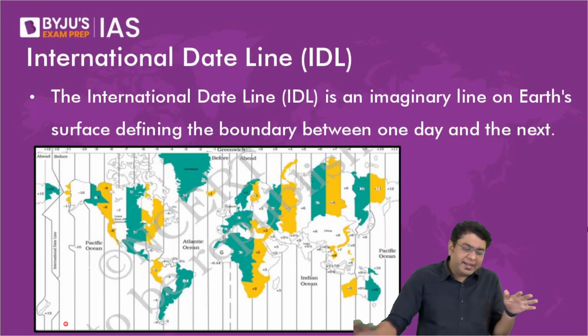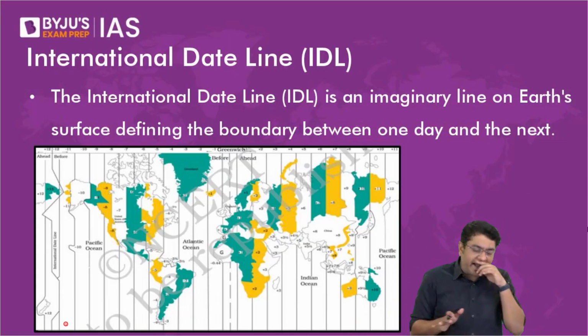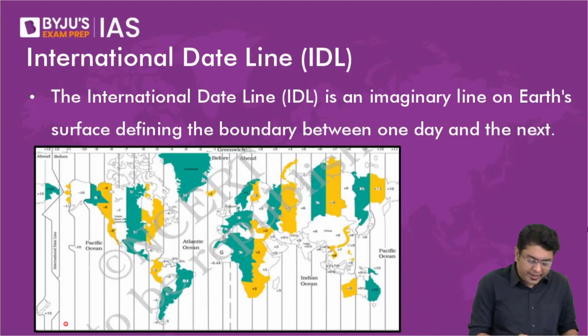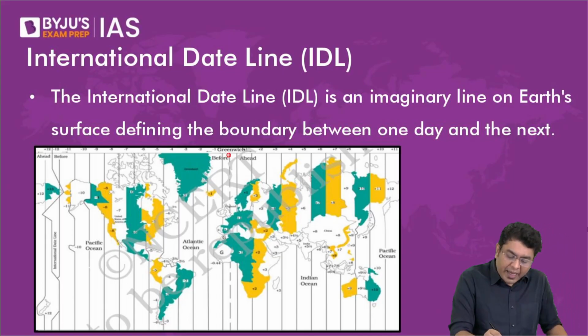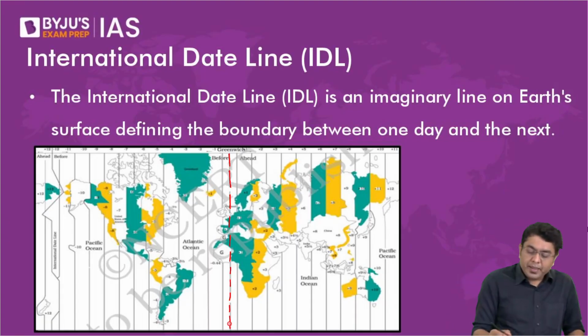Now, let us represent this on a flat map and try to understand. So, for example, here you have the prime meridian indicated at Greenwich. Okay. Now, here you will find it is written ahead. Time is ahead.